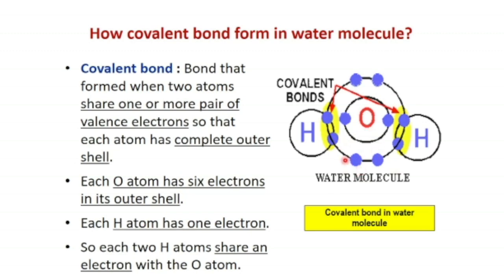For example, the valence electrons for an oxygen atom are 6: 1, 2, 3, 4, 5, and 6. A hydrogen atom has 1 valence electron. To form a covalent bond, these 2 atoms share their valence electrons to achieve a complete outer shell, which is 8 valence electrons or 2 valence electrons.